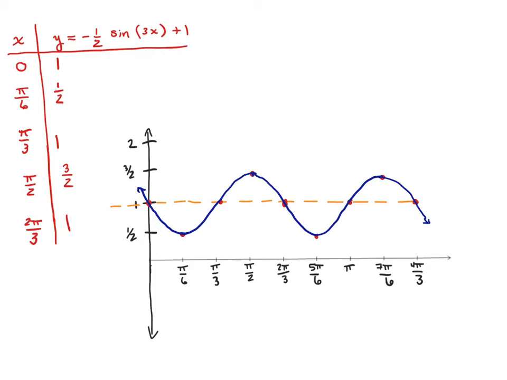And so, let's take inventory of the things that we have found. The amplitude was 1/2. The period was 2 pi over 3. The domain is negative infinity to infinity.